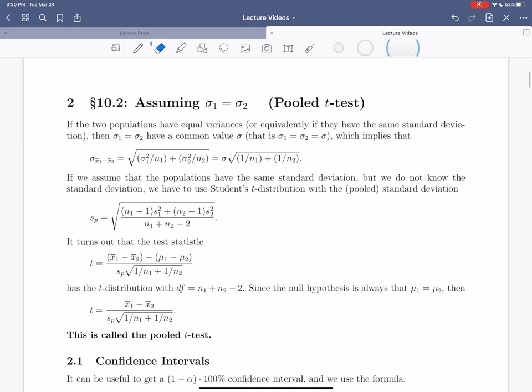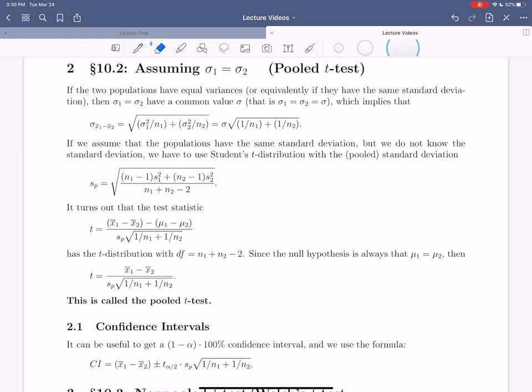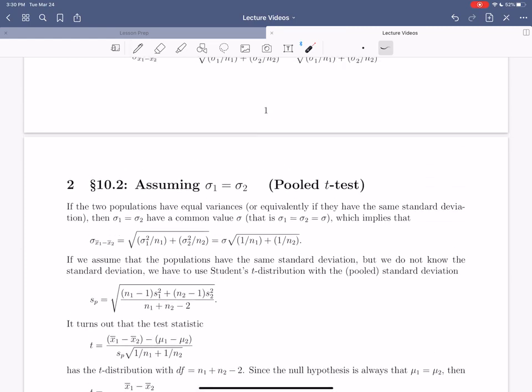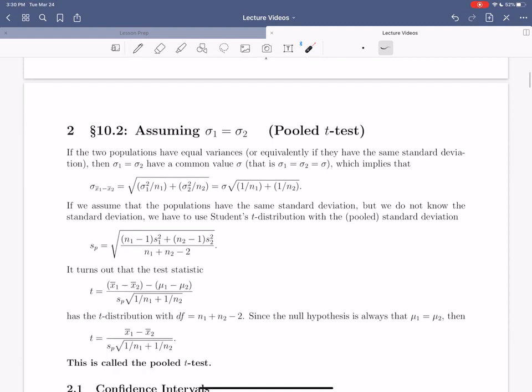Anyways, here's what we're going to do with this. We're going to have two cases here. From here on out, these are all going to be t-tests. We're not going to assume that we know the population standard deviation of any of the populations we're studying. But there are still two cases to consider.